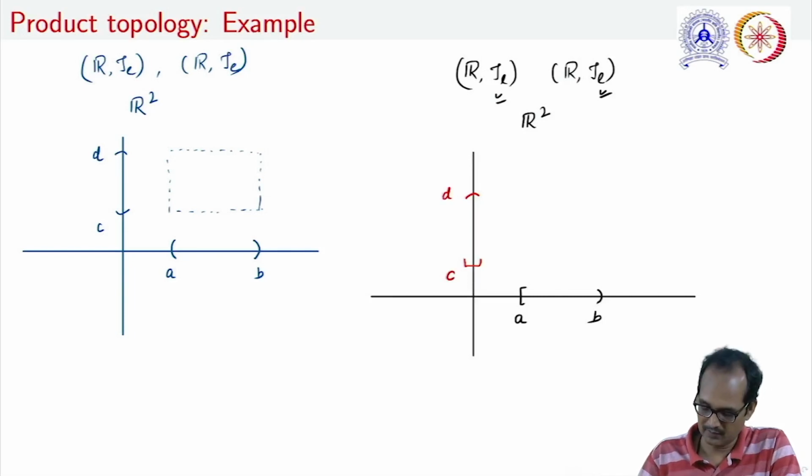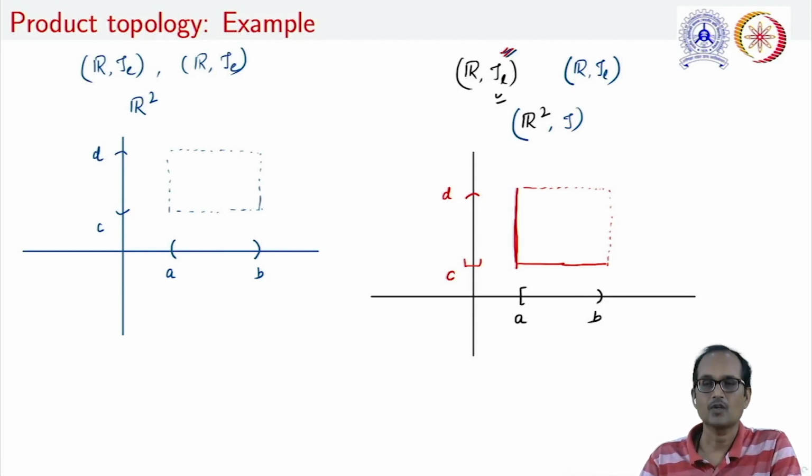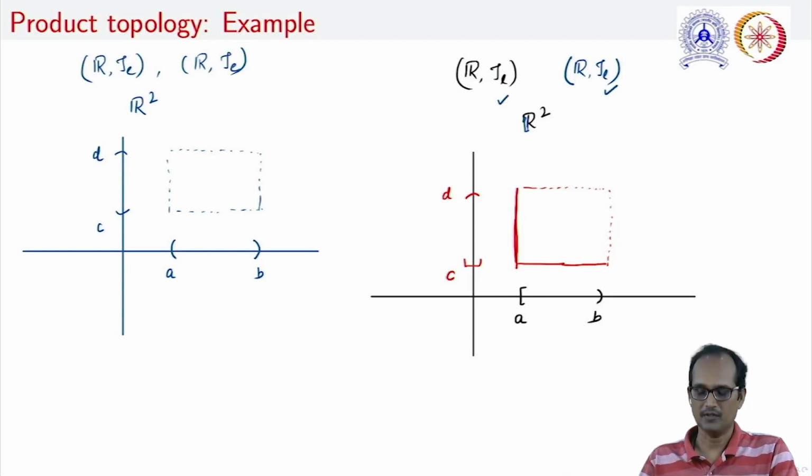So how will this basis element look? It will look like this. This will be closed from the lower side. This will also be closed from the left side, but this will be open from the upper side and open from the right side. So finally, this is an image of a basis element for the product topology on R2 when the lower limit topology is on the set of real numbers.